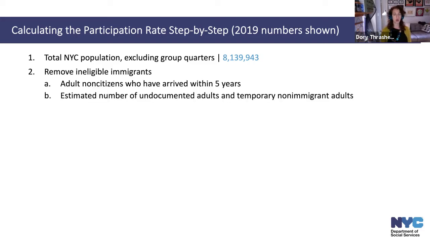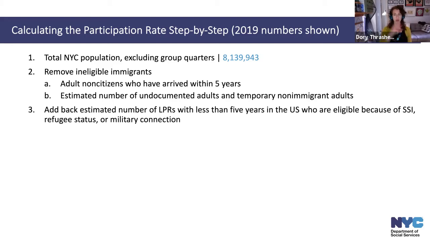And then we do a couple of steps to remove ineligible immigrants. So we take out of our data set all adult non-citizens who have arrived within 5 years, and then we estimate the number of undocumented adults and temporary non-immigrant adults. Temporary non-immigrants are people on student visas, visiting academics, those sorts of categories of non-immigrant people who are non-citizens in the country for some reason or another.